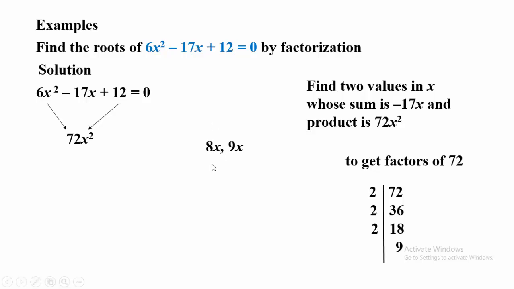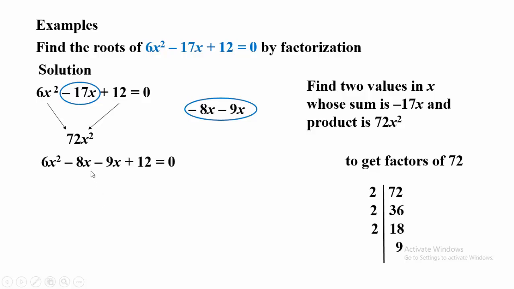So at this point, we think of how we will get minus 17 out of these two factors. If we put minus, minus, it means that minus 8x minus 9x gives minus 17x. So we replace them with minus 17x, which gives 6x squared minus 8x minus 9x plus 12.